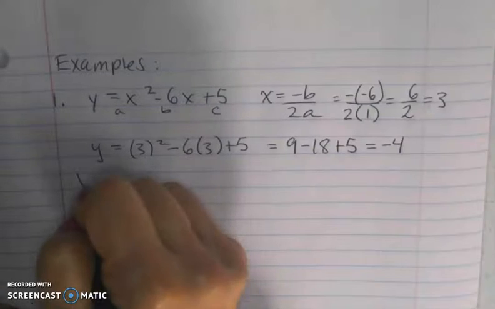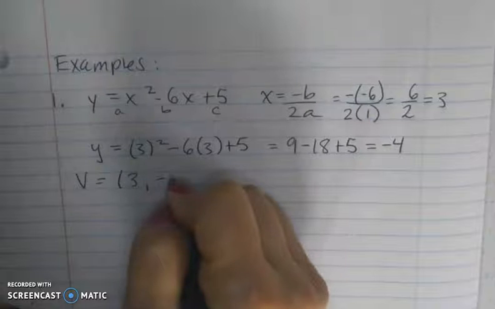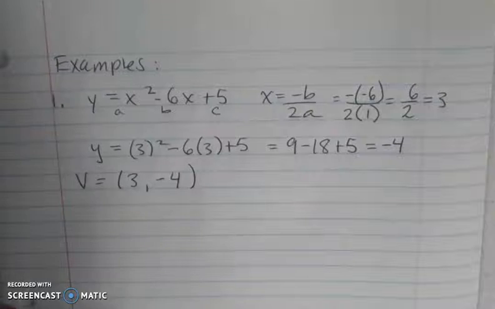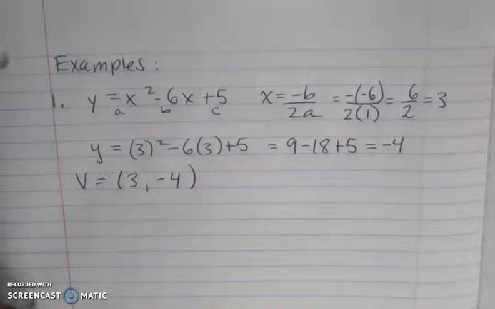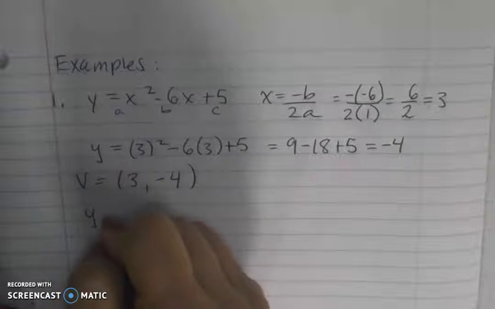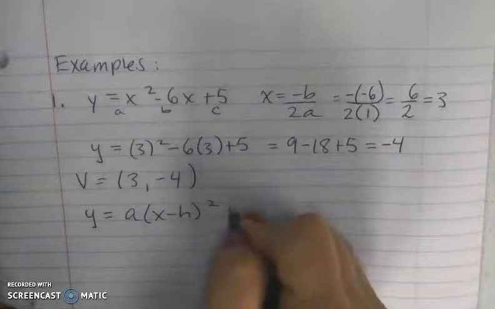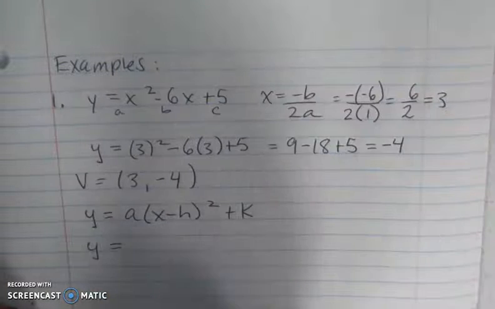So now that we know the vertex is 3, negative 4, we can go ahead and use this to write the equation, the formula, in vertex form. So remember, vertex form is just y equals a, x minus h squared plus k. So y equals a.